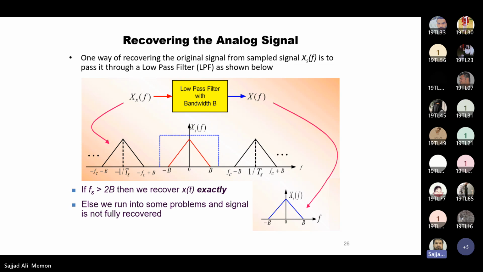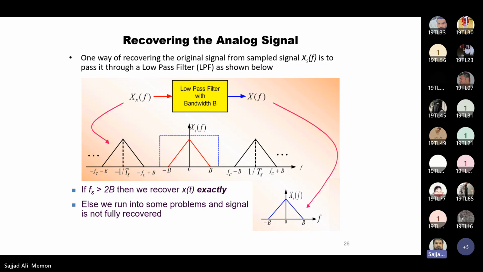And this twice the bandwidth, the B term, is itself confusing, because it is not the actual bandwidth. The power of most of the signal may lie in lower frequencies, but if there is any single component at such a high frequency that is away from the main spectrum, then we have to count that.